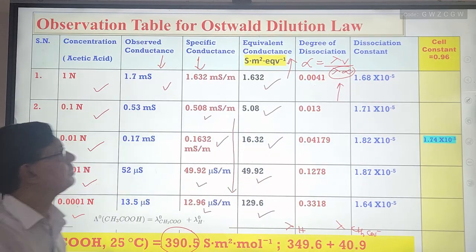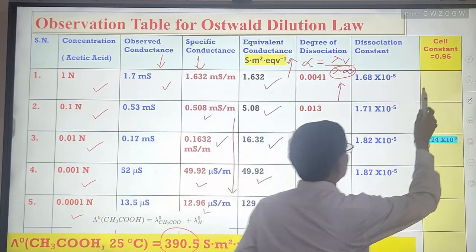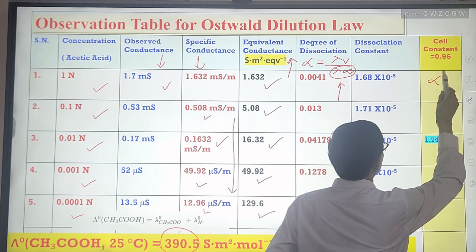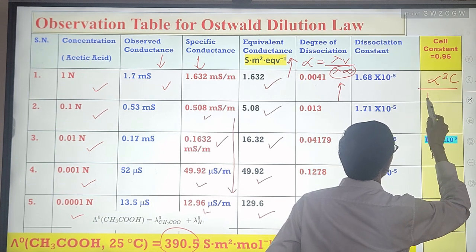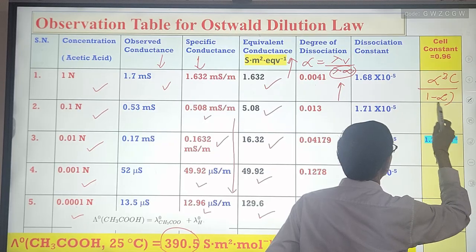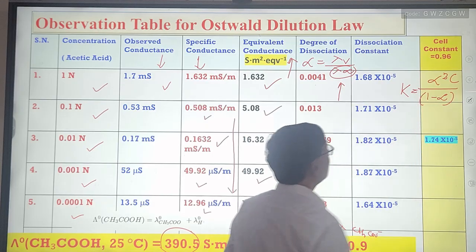Now the last part is the calculation of the dissociation constant. You all know the formula, alpha square C divided by 1 minus alpha is equal to K. This is the Ostwald dilution law.